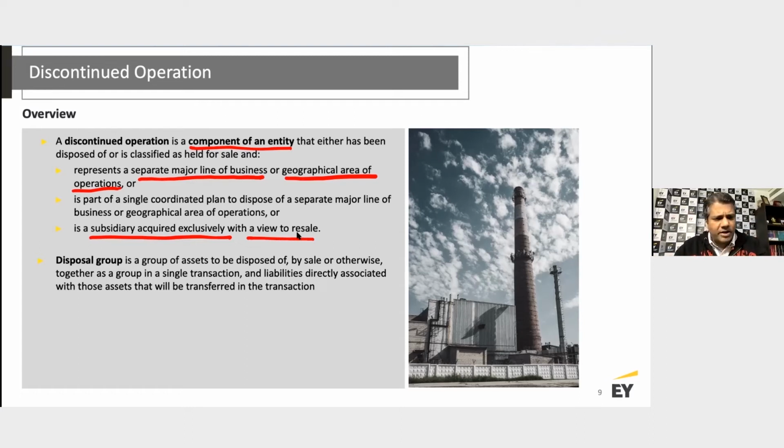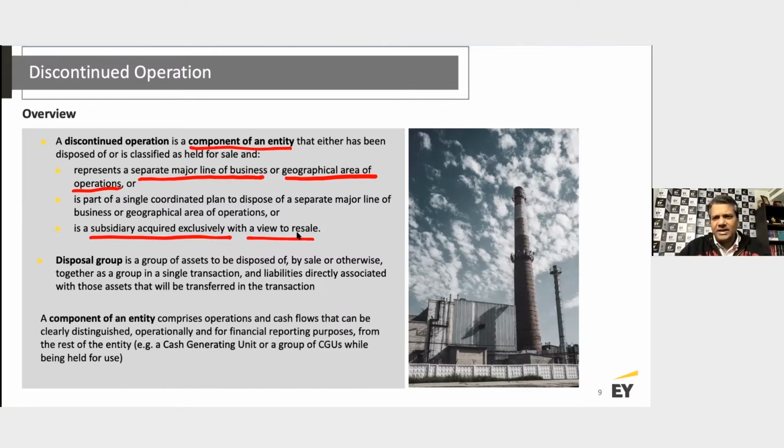And we've understood what a disposal group is. What's a component of an entity? Again, go back to Ind AS 108 or Ind AS 36, where we talked about the same concepts. A component of an entity comprises operations and cash flows that can be clearly distinguished. Discrete cash flows, that's what we call them. Do I have discrete cash flows which have no dependencies on the cash flows of my other businesses?